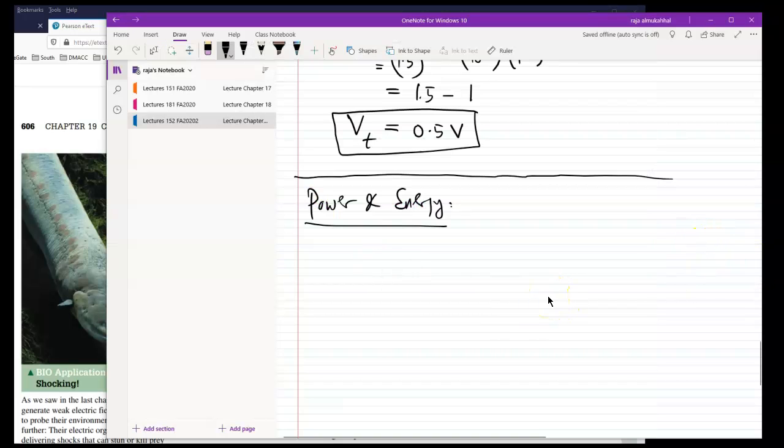Before I talk about it, remember the definition of power, if you remember from your 151. Power is equal to work over time. In general, power is really energy over time. That's really what it is. It's any kind of energy, even thermal energy.